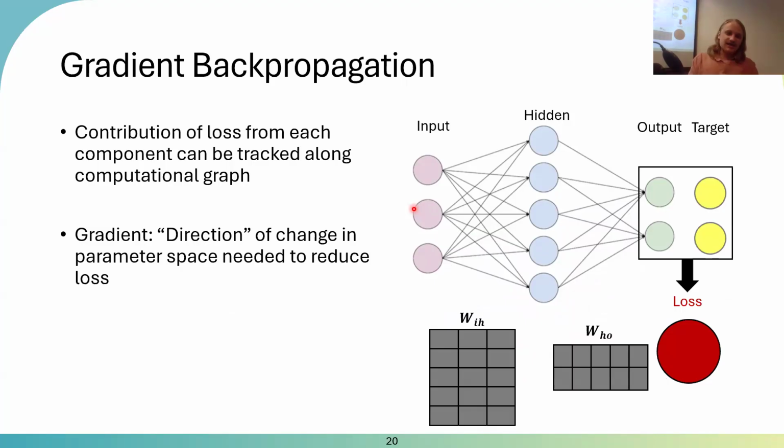The idea behind this is that we're trying to determine what the contribution is to that final loss from each component or each parameter on the computational graph that we described before. And the gradient is effectively giving us a direction with some degree of magnitude, although the magnitude is something that we can scale up and down depending on what we choose during the optimization process. But it gives us the direction we need to move in parameter space in order to reduce that loss as much as possible.